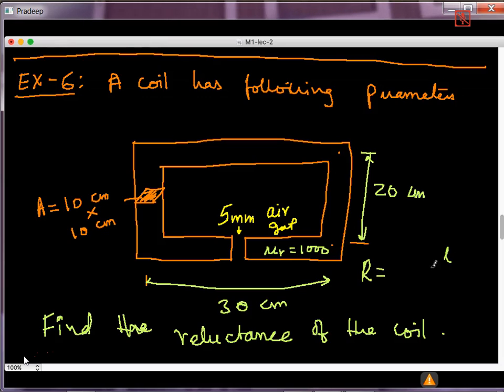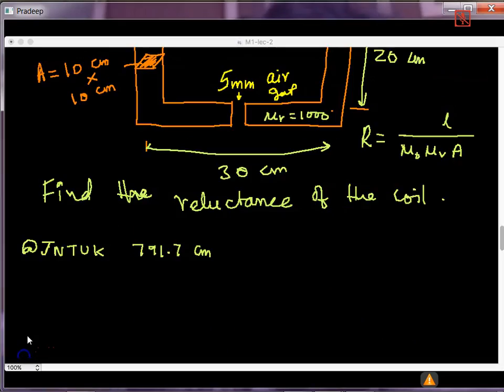This is nothing but L by mu naught mu r into A. So please take 5 minutes to calculate the reluctance. This is a quick classroom work for all of you.